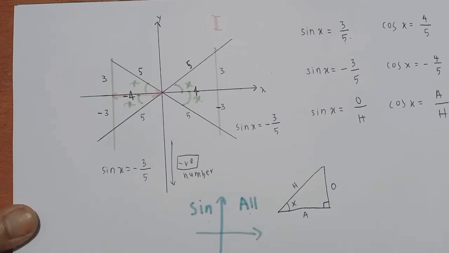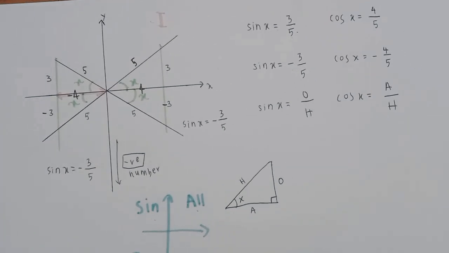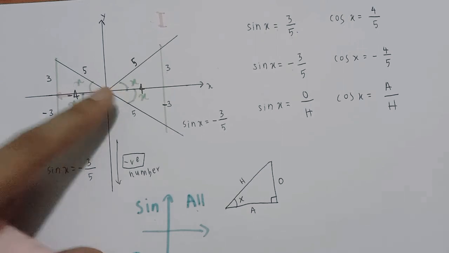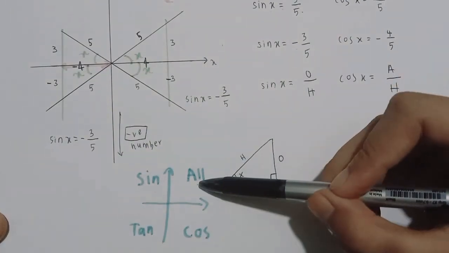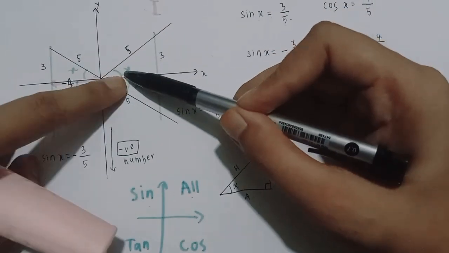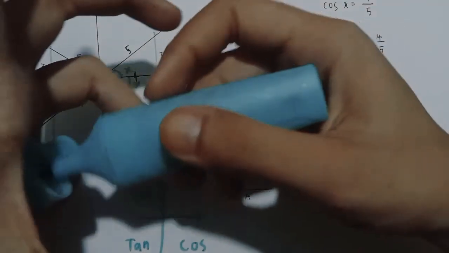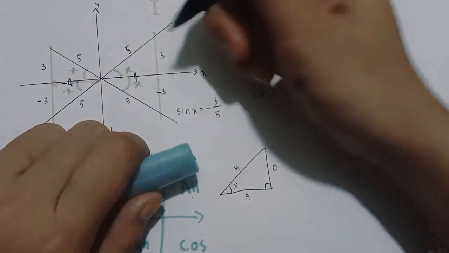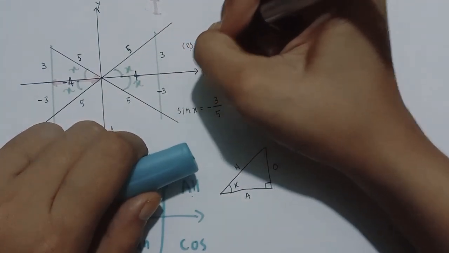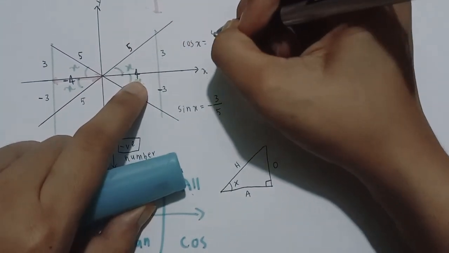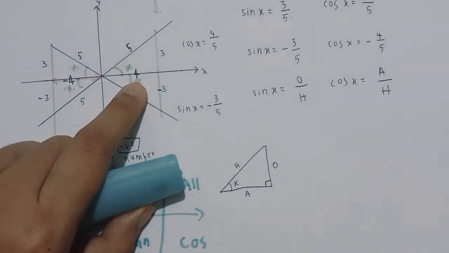So let's try it. As we can see, this is all right. So this will give cos, adjacent over hypotenuse, which is 5, right?